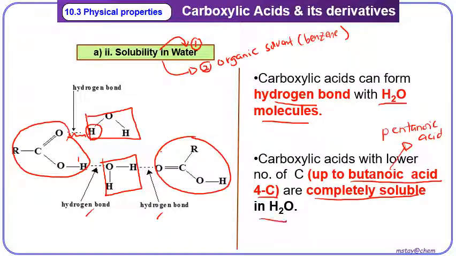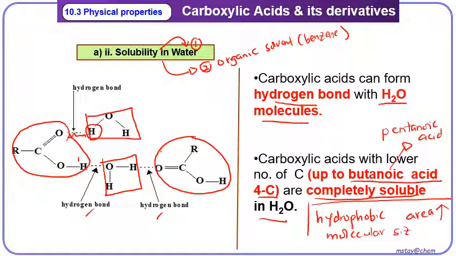When the size of the carboxylic acid becomes bigger, the solubility will decrease, due to the hydrophobic area getting bigger. Okay, hydrophobic area bigger if the molecular size is bigger.